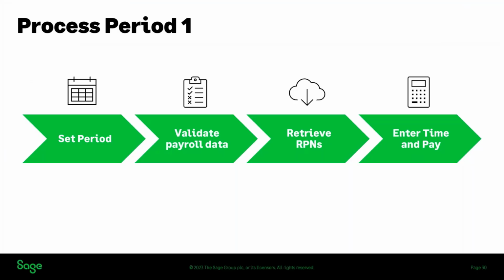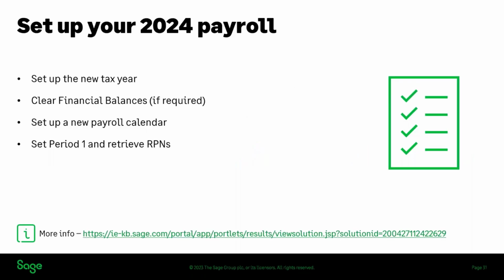So that's your process. No different to any other period really, except you would expect there to be updated RPNs for all of your employees. So just to recap this section, setting up 2024 payroll, we have set up the new tax year, which we did from 2023, and that's copied the payrolls over to the 2024 software.